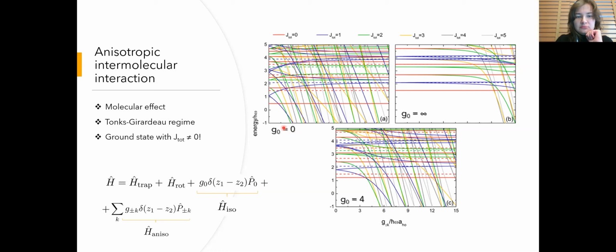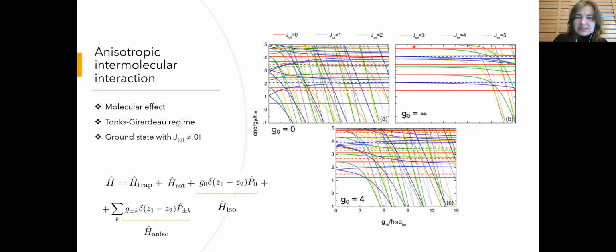Here it is 0, and the action of the anisotropic interaction is the fastest. Here it's 4, and it's in the middle, and then it's infinite, and it's even slower. So the message is they compete with each other, the isotropic and anisotropic interaction.